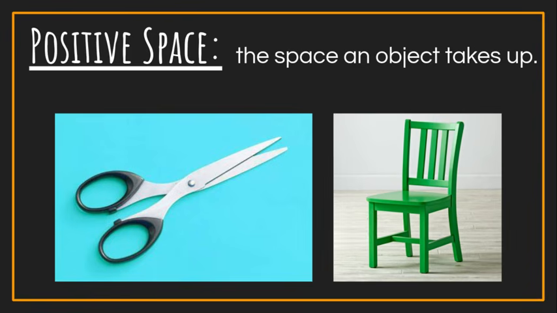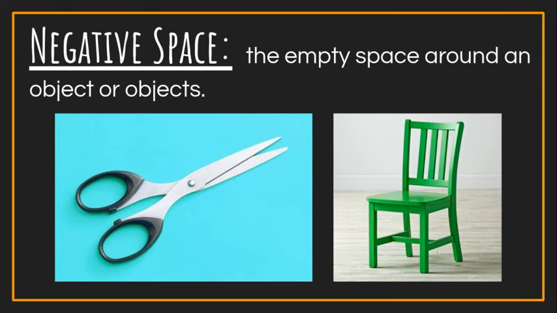First, we have positive space, and that is the space an object takes up. So in this case, it would be the scissors, because the scissors takes up space, okay? And then it would also be the chair, because the chair takes up space. You can touch it. The other type of space, so the opposite of positive, is negative. And when we talk about negative space, we're referring to the empty space around an object or objects.